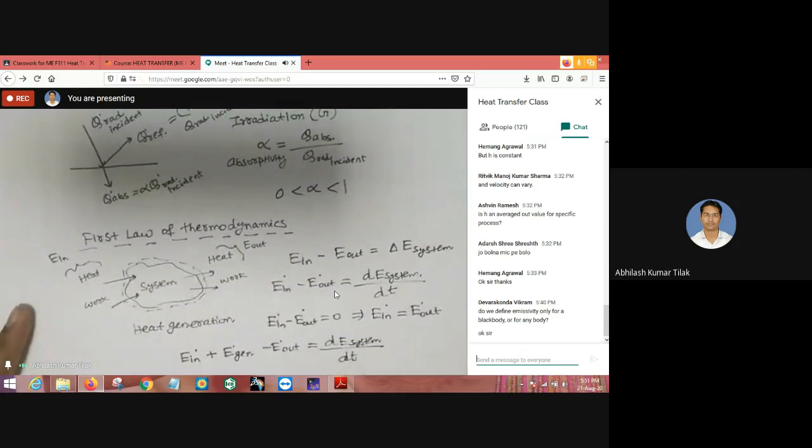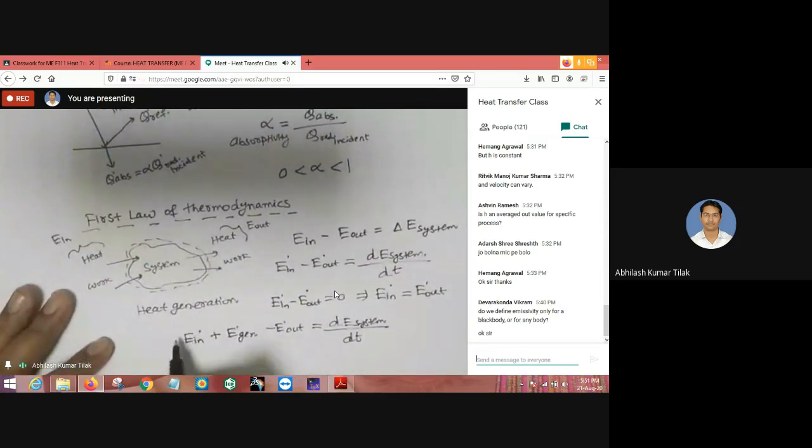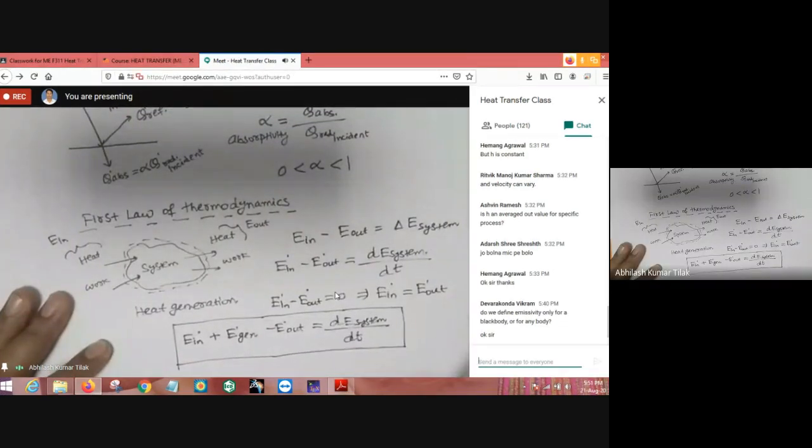This is known as the application of the first law, or conservation of energy, to heat transfer analysis. It is applicable to all the heat transfer problems which we are going to discuss in this course. So this is the basic equation which we are going to apply for the analysis of all heat transfer problems to get the solutions.